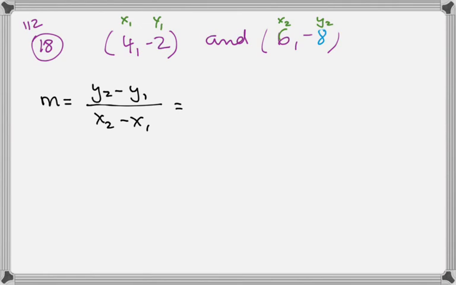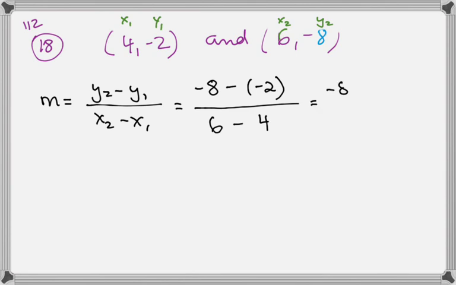So here we have y2 to be -8 minus what? -2. Be careful about the sign. The minus is in your formula. That always has to be there. Over x2, I called 6, minus x1 was 4. So watch your signs. That's always a common way to make a mistake.